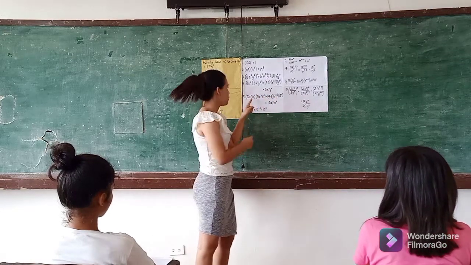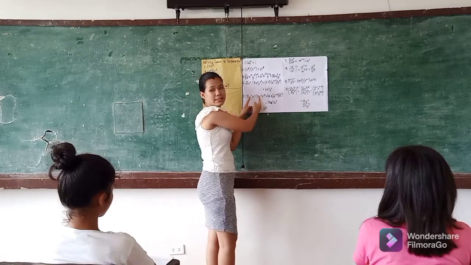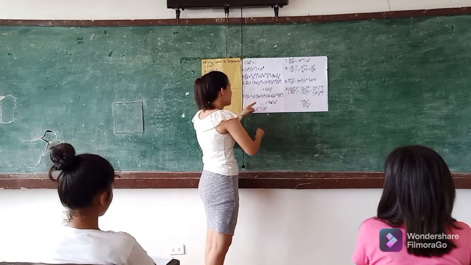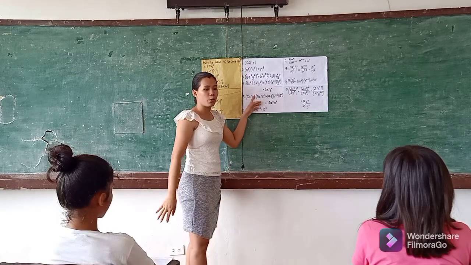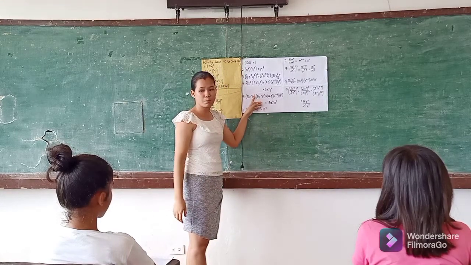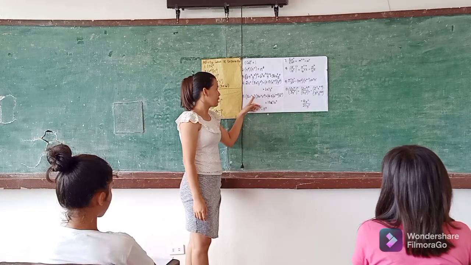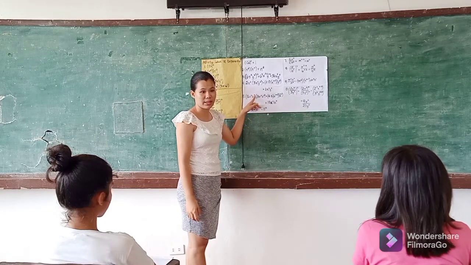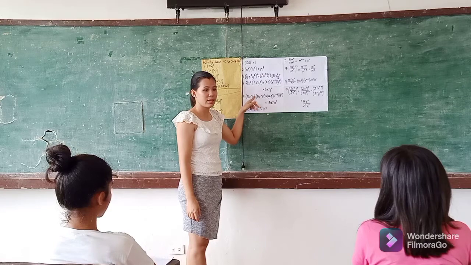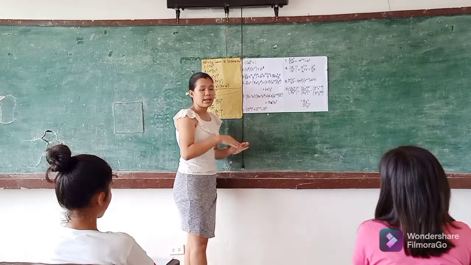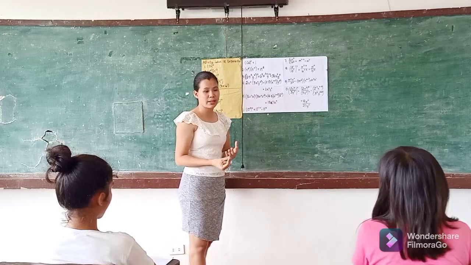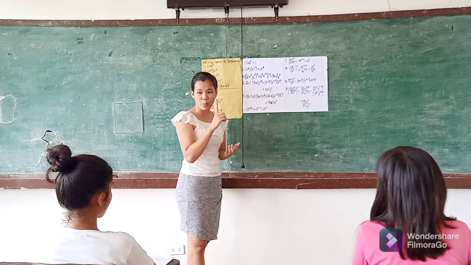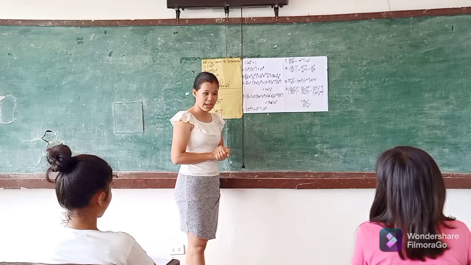So, ipa-plus natin yung dalawang variable kasi same naman po sila. Then ngayon, when you see a variable which has no exponent, it means that it has one exponent indicated within this variable. Lahat ng variable na wala tayong nakikita exponent, understand po na may one exponent po yun siya.